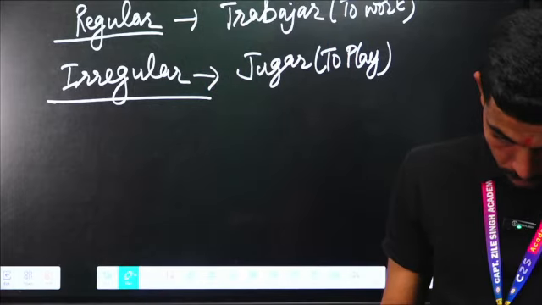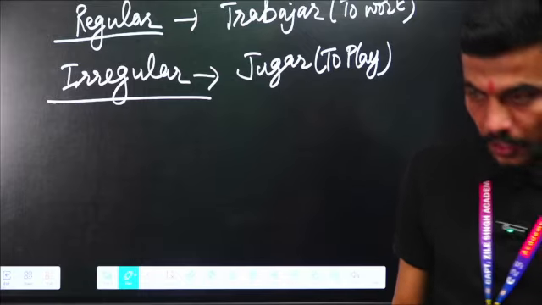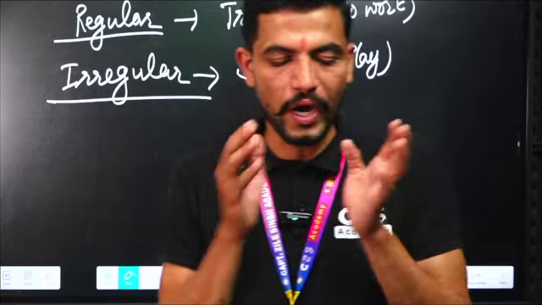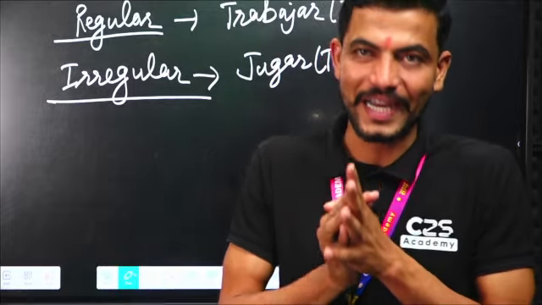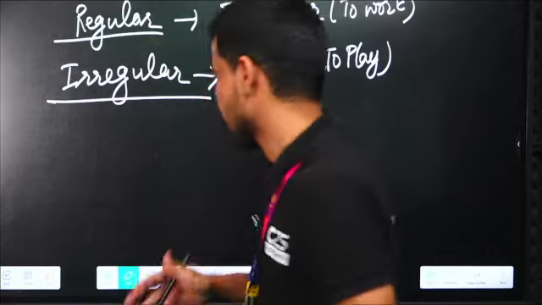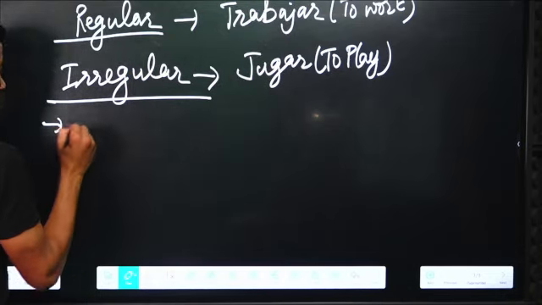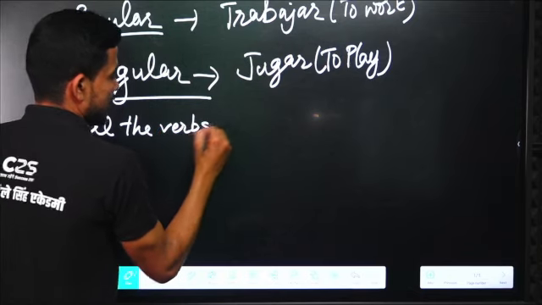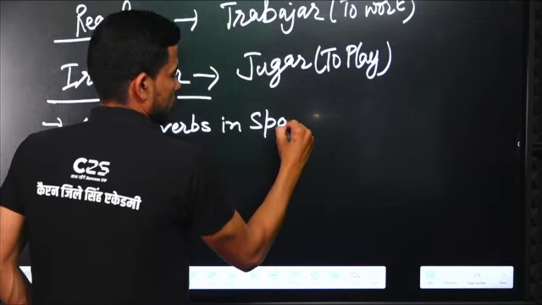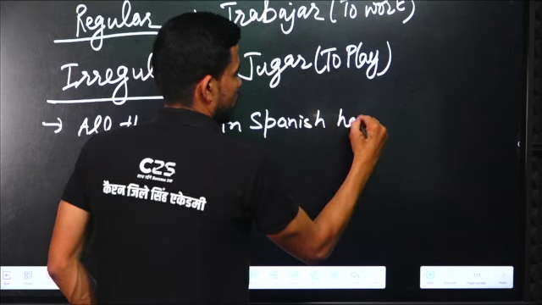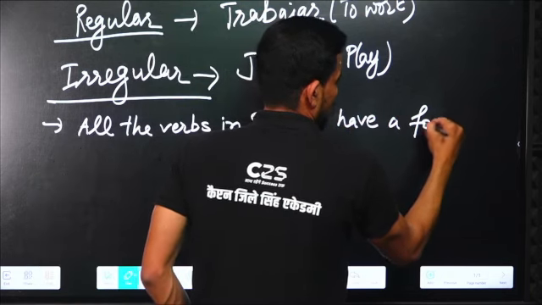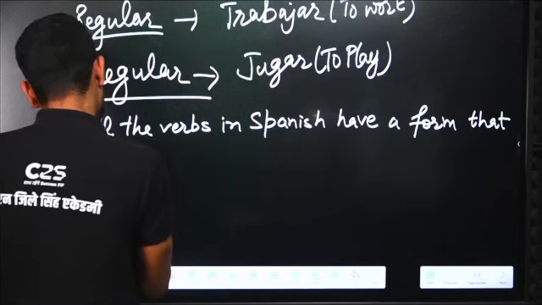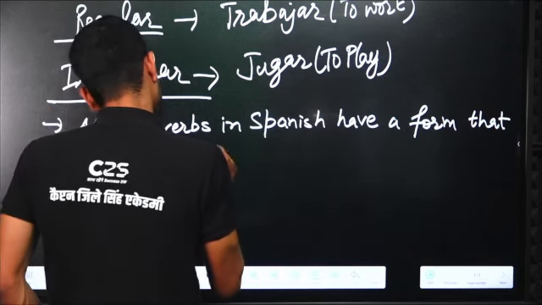Now, almost all the verbs in Spanish have a form that is called infinitive. These are some rules. All the verbs in Spanish have a form that is called infinitive.